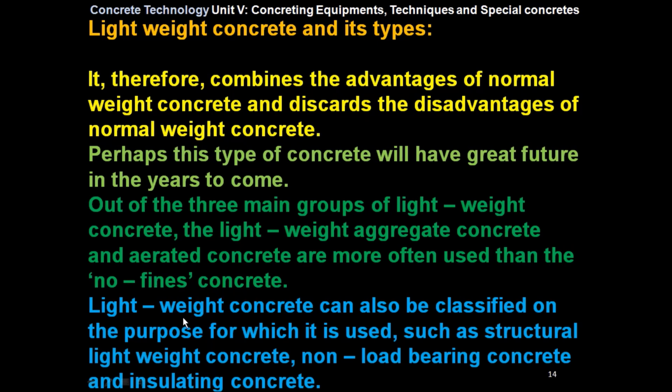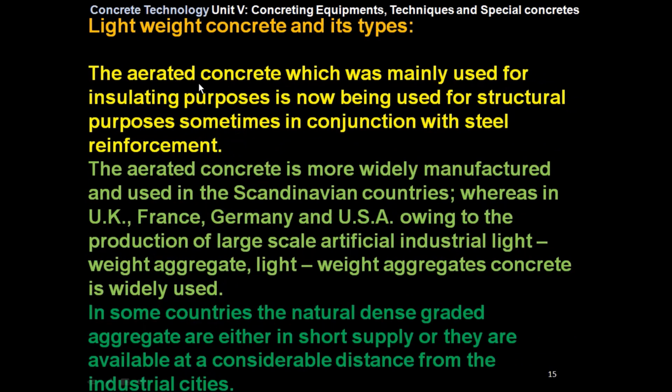Lightweight concrete can also be classified on the purpose for which it is used, such as structural lightweight concrete, non-load bearing concrete and insulating concrete. The aerated concrete, which was mainly used for insulating purposes, is now being used for structural purposes, sometimes in conjunction with steel reinforcement.